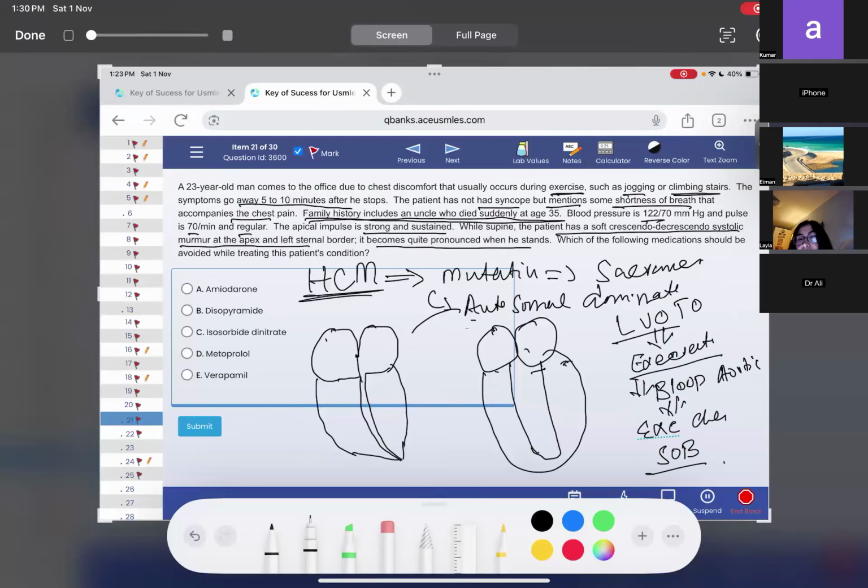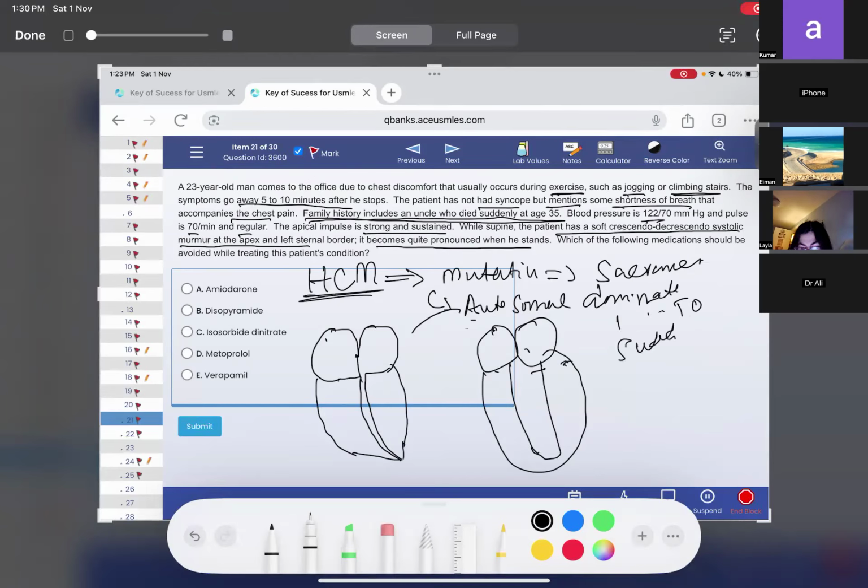Whenever the exertion increases beyond its limit, it can cause sudden cardiac death due to myocardial ischemia or MI. Clear, everybody?